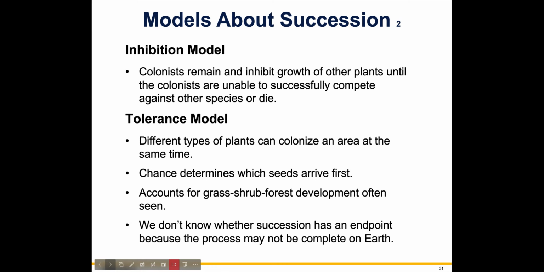And to be fair, for all of these models, we don't really know if succession has an end point, because the processes may not be totally complete. And we could see in the future more than what we currently have with this climax community.